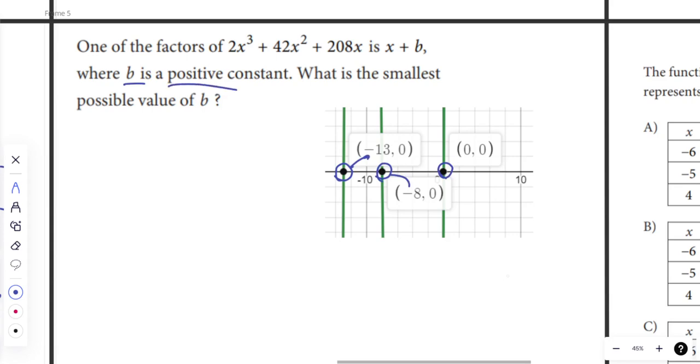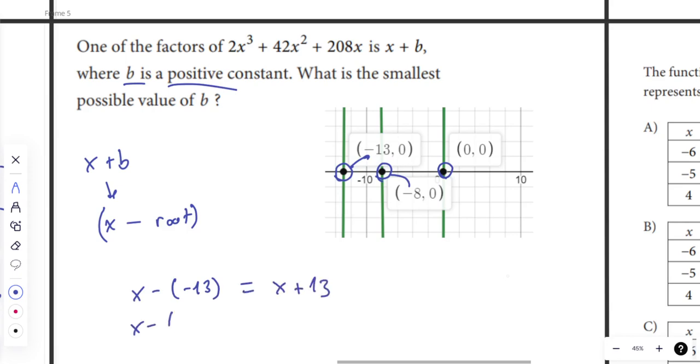But if it's in the form x plus b, it means usually roots we write as x minus the root. So it makes sense that if we're subtracting a negative number, for example x minus -13, that's equal to x plus 13. Or x minus -8, that's equal to x plus 8.